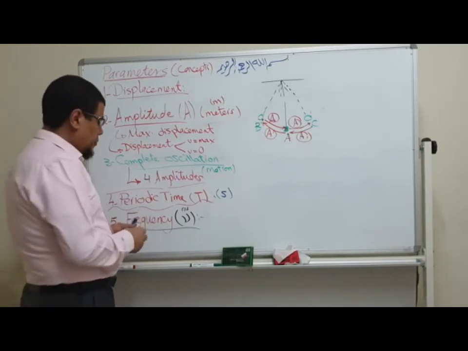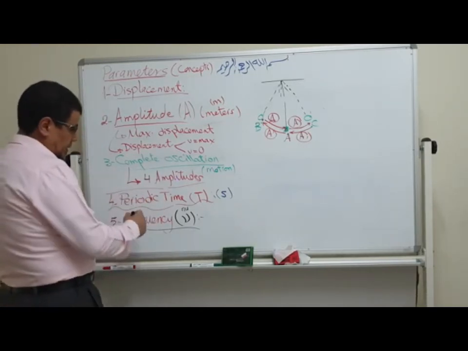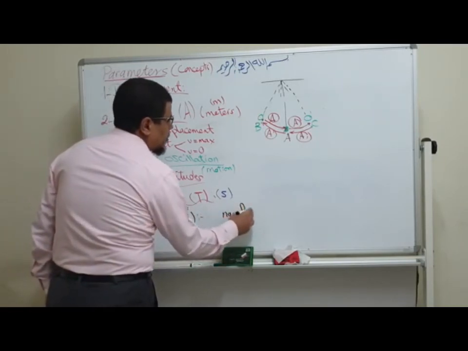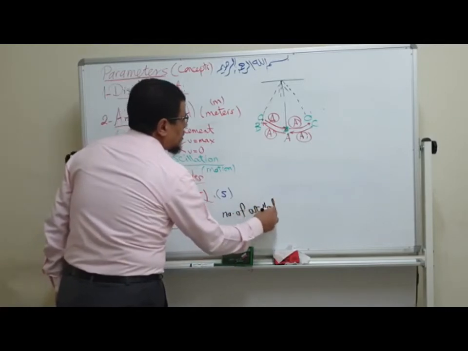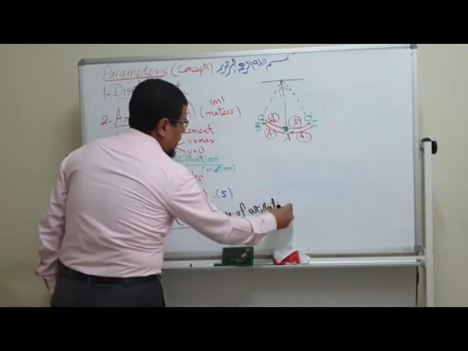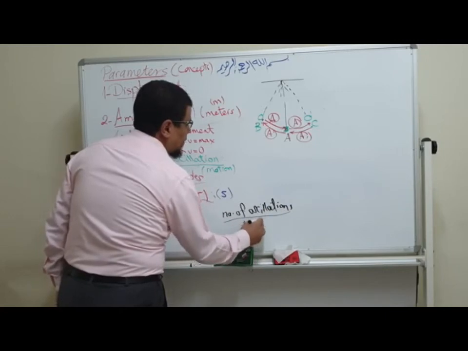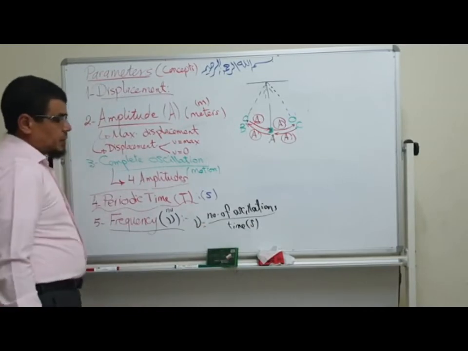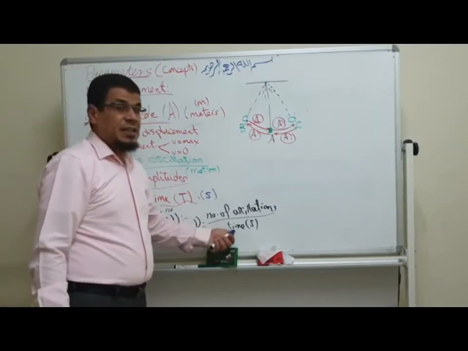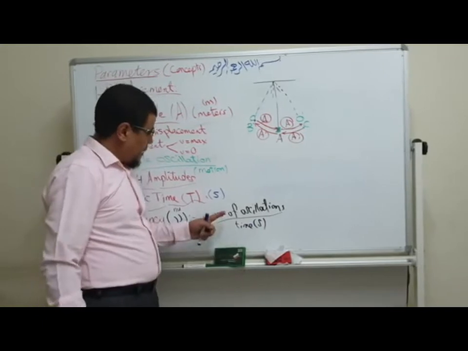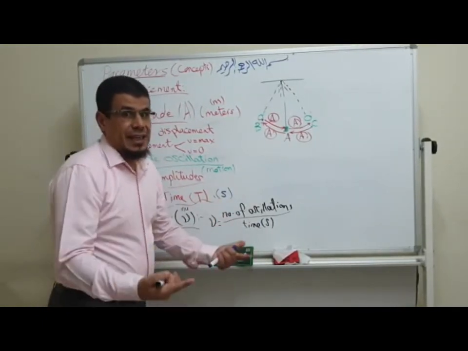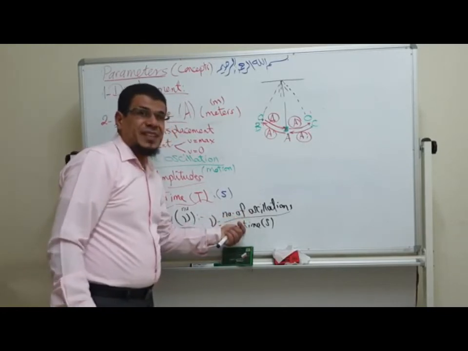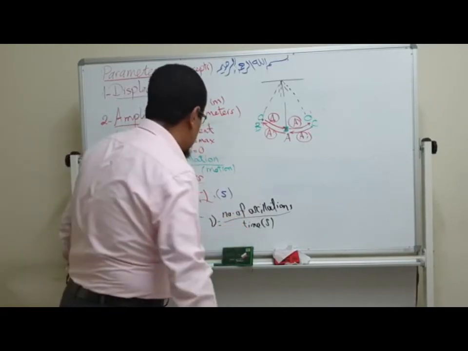So if I want to get it by a rule, it is the number of oscillations divided by time. The time must be in seconds. So when I want to calculate it, I divide the number of complete oscillations by time in seconds.